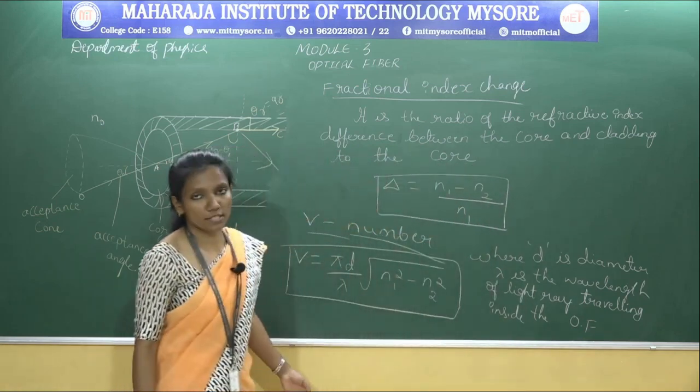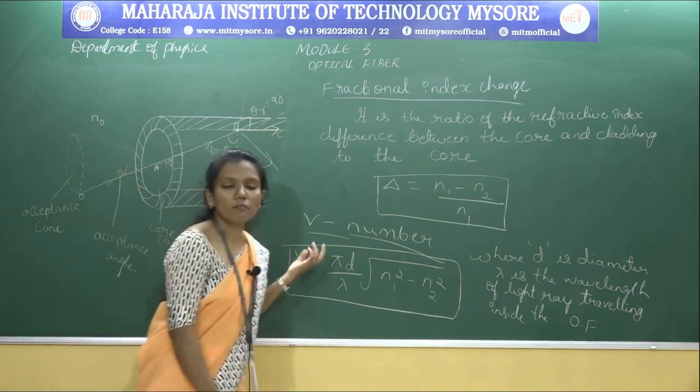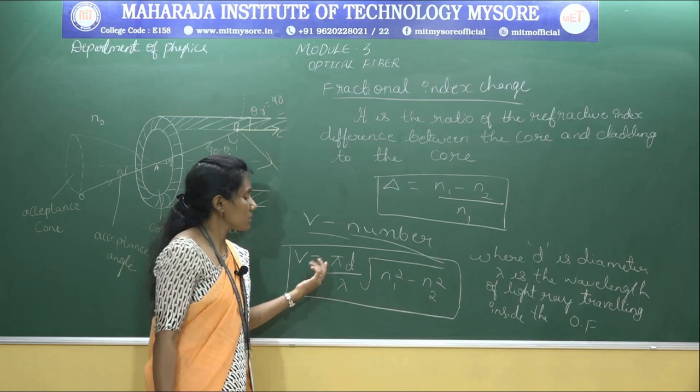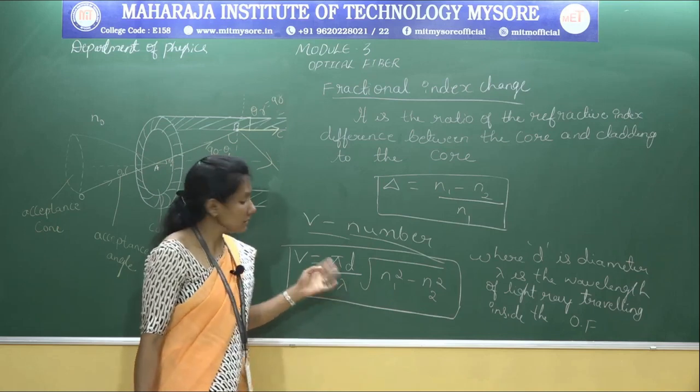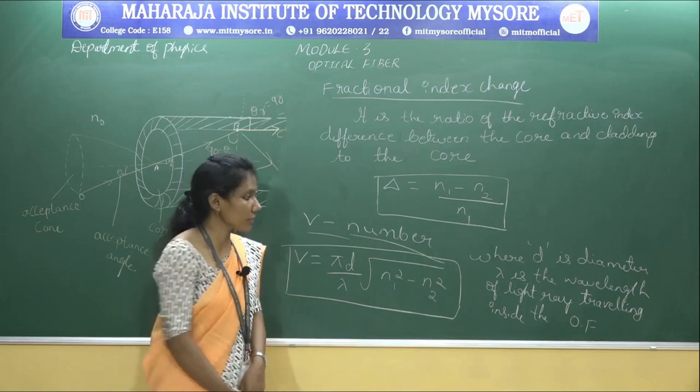The number of modes propagated inside the optical fiber is measured by the parameter V number. Number of modes is nothing but the number of rays.